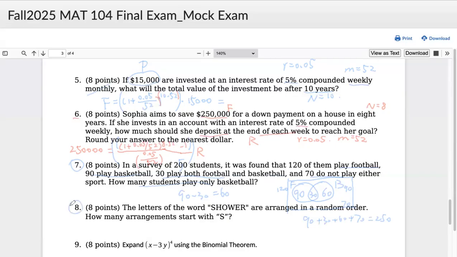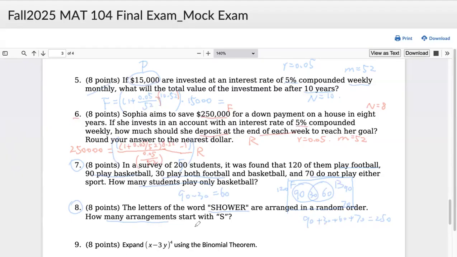Okay, now let's see 8. We are using the letters in SHOWER. We want to scramble it to see how many arrangements there are that start with S. Well, S is fixed. If S is fixed, we only have one choice for the first letter.